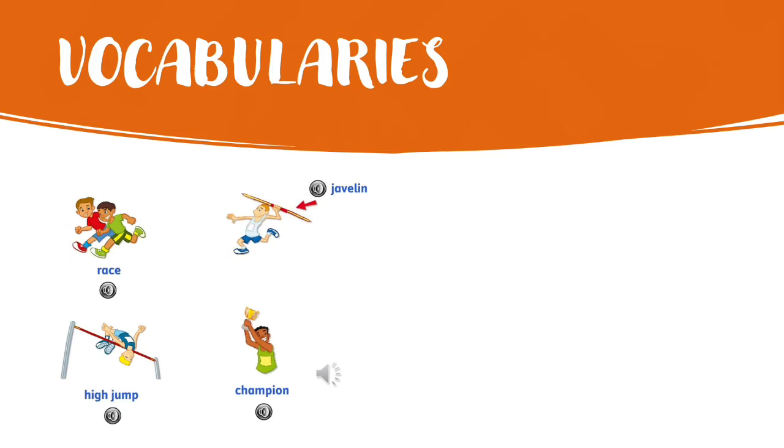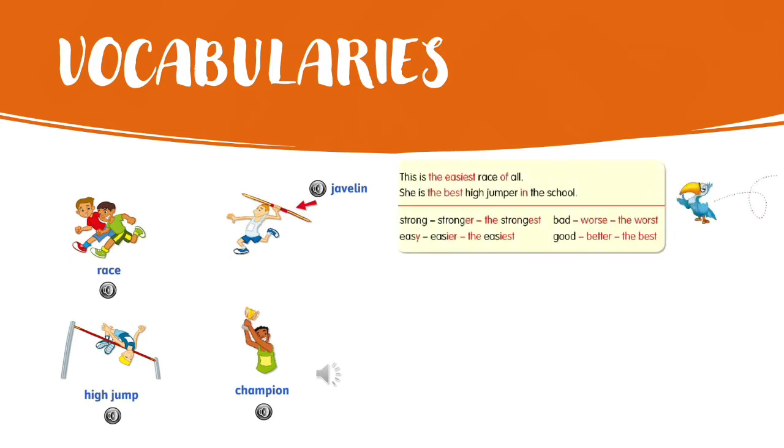Good. Next, let's look at the sentence structure. Here we are given 2 examples of sentences. The first one is, this is the easiest race of all. She is the best high jumper in the school. Here, it highlighted the words the easiest and the best.